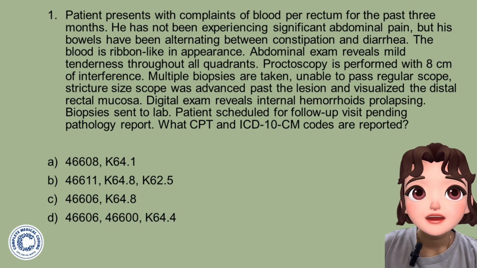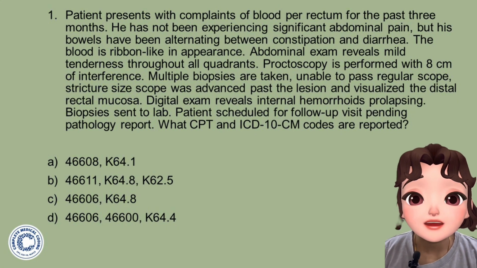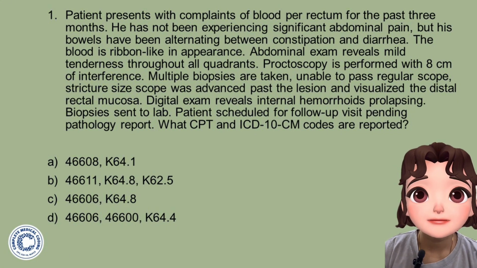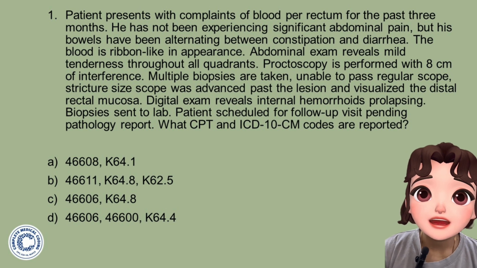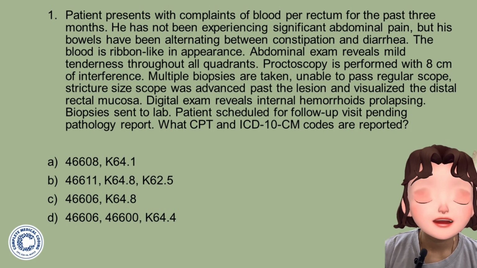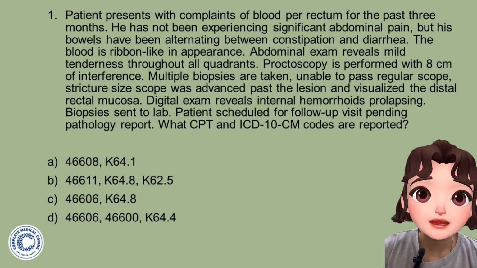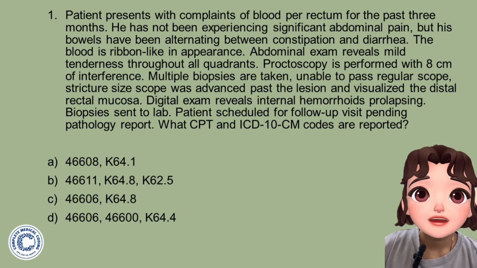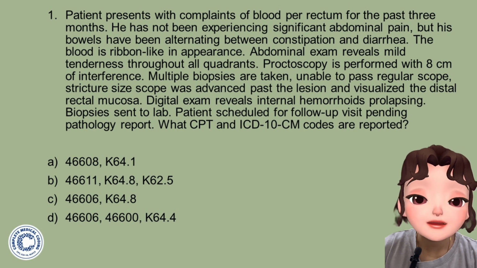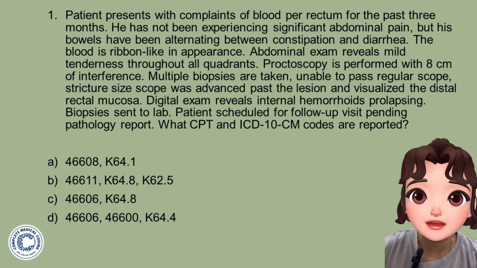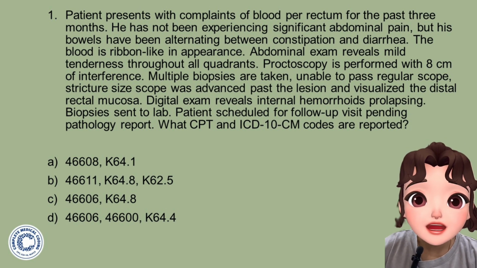K64.1. What is K64.1? Just open your ICD code book and go to K64.1. It shows second degree hemorrhoids. In our question, nothing is mentioned about the degree, the extent of the hemorrhoids, right? It's not mentioned about first degree or second degree. Just mentioned internal hemorrhoids.